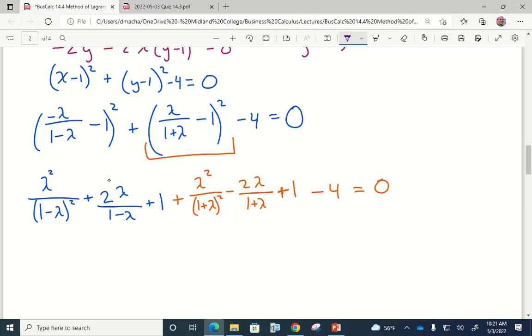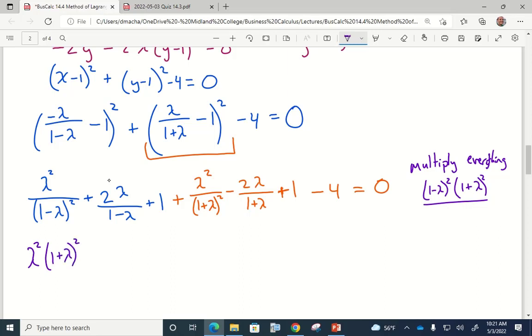I'm going to multiply every single term in this whole equation by 1 minus lambda squared times 1 plus lambda squared. So the first term is going to become lambda squared times 1 plus lambda squared, because the 1 minus lambda squared is going to cancel with that denominator.